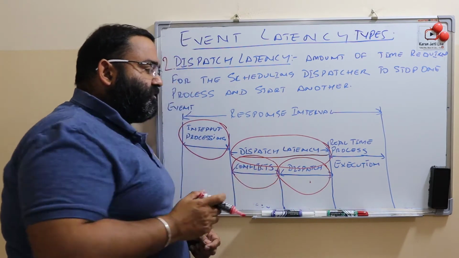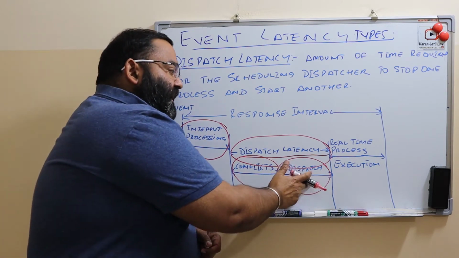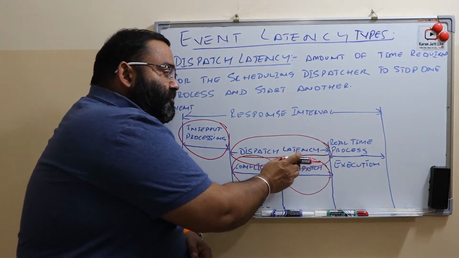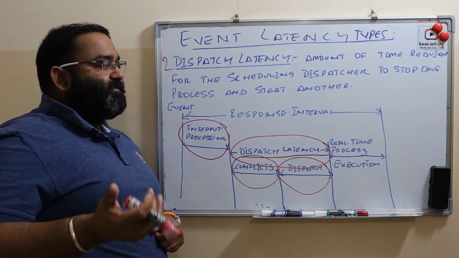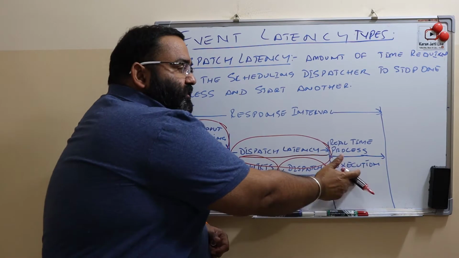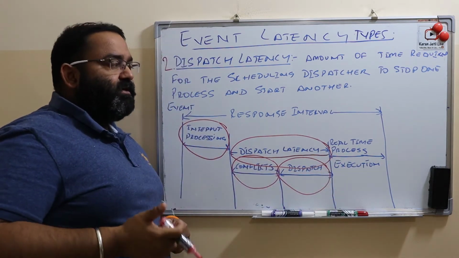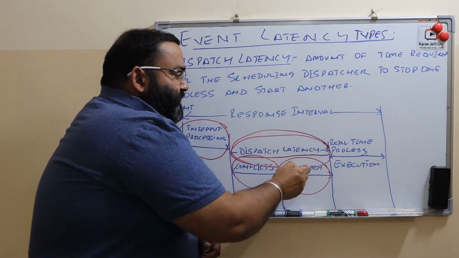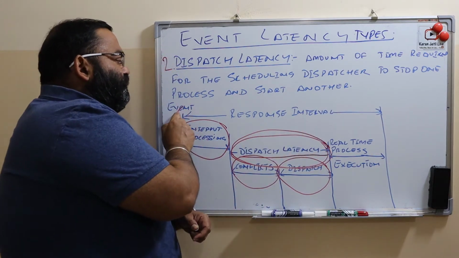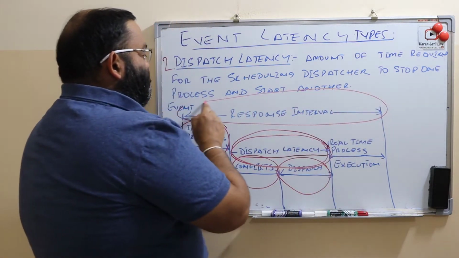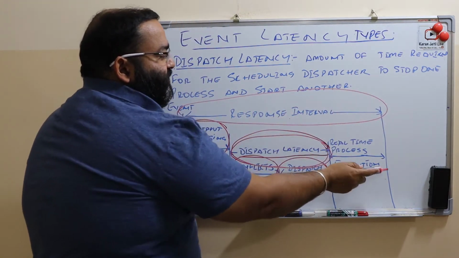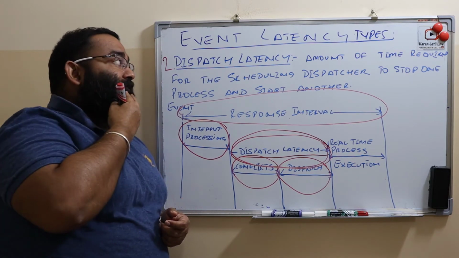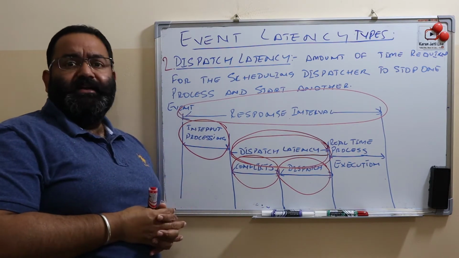The time taken to handle the conflicts and the time taken by the dispatcher together is called dispatch latency. After that, the real-time process starts execution. The full time after the interrupt has come until the new process has started, we call interrupt latency.